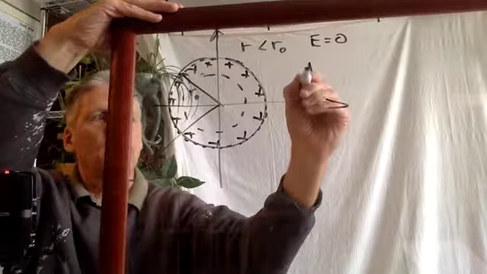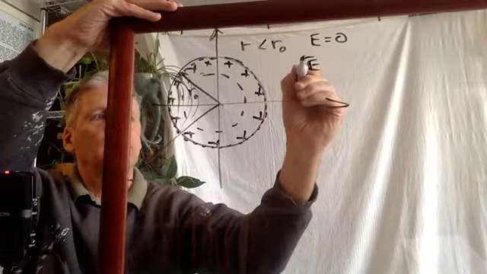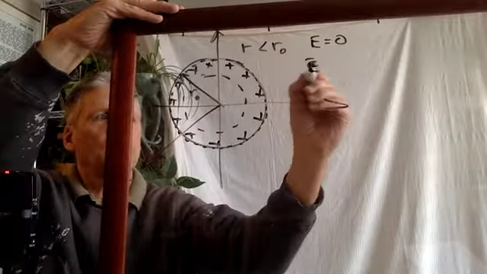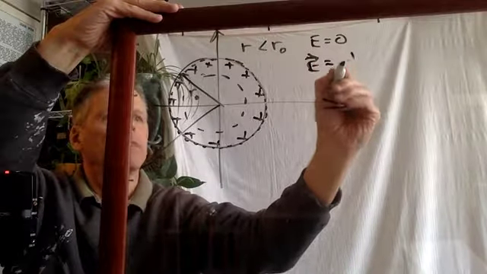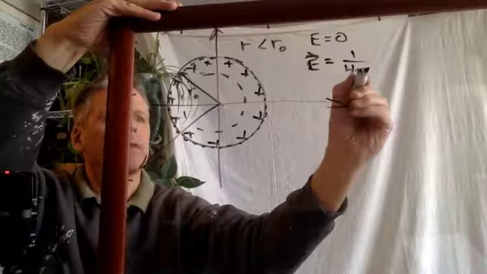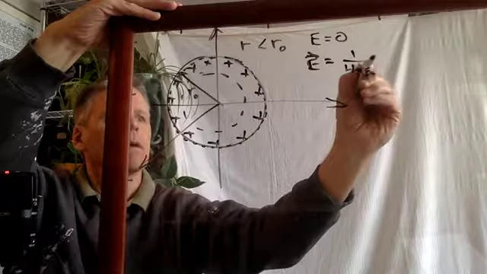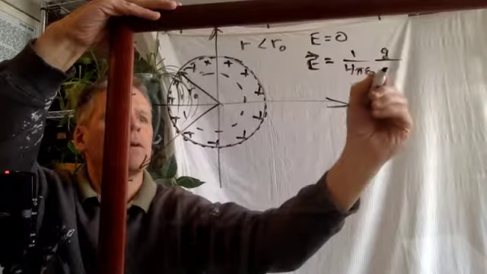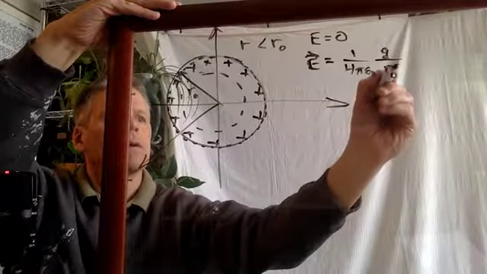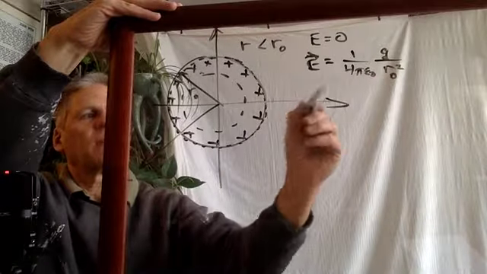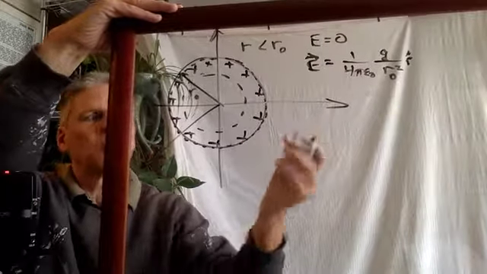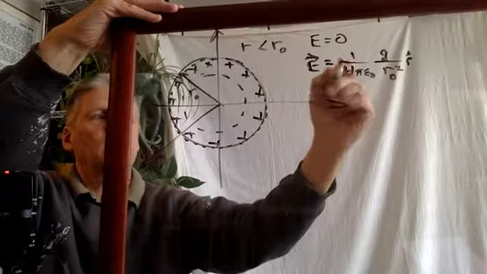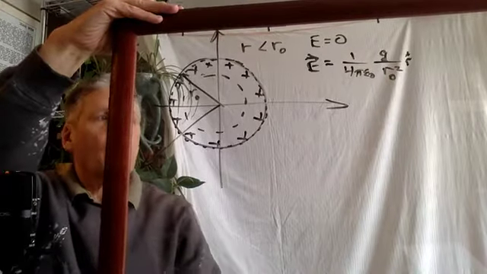I'll put the vector sign in. We don't need it, but okay, so we know that's the electric field, and we know this is in the r hat direction. Once again, we just know that from symmetry, but the magnitude is obviously just the magnitude there. Okay, so there we know.